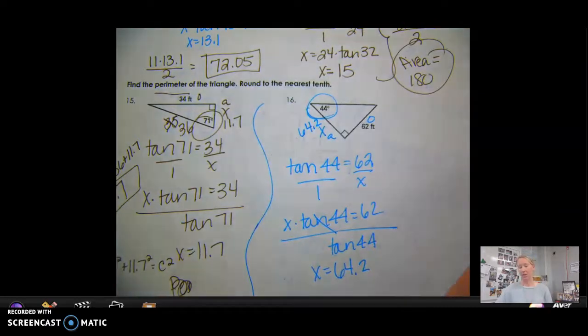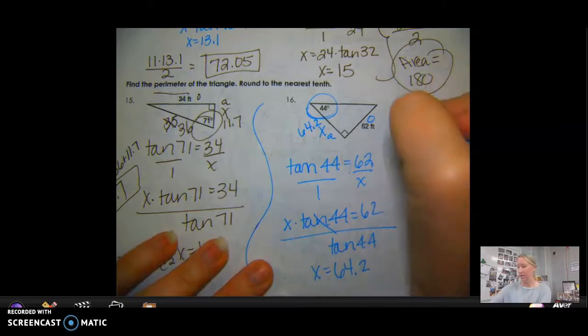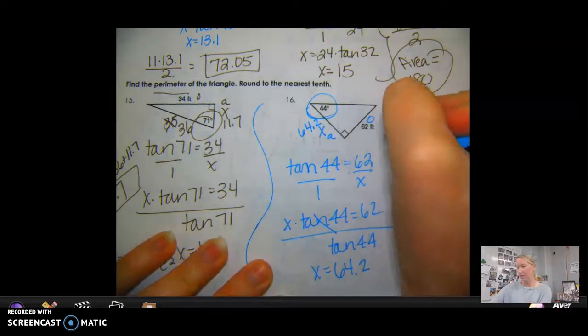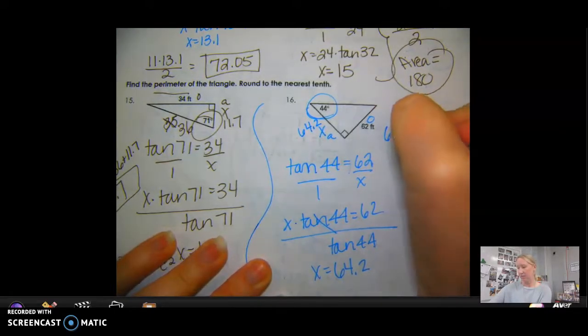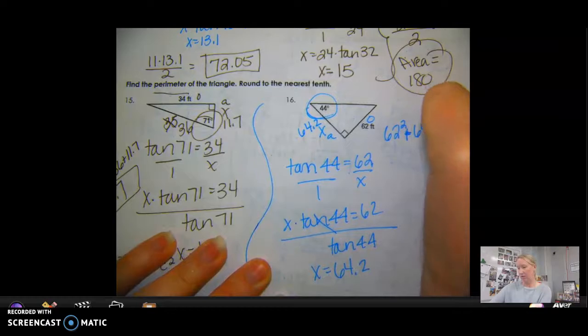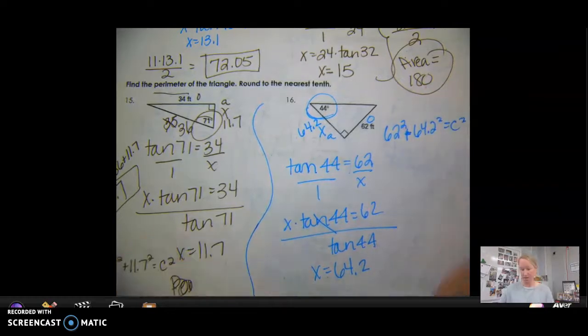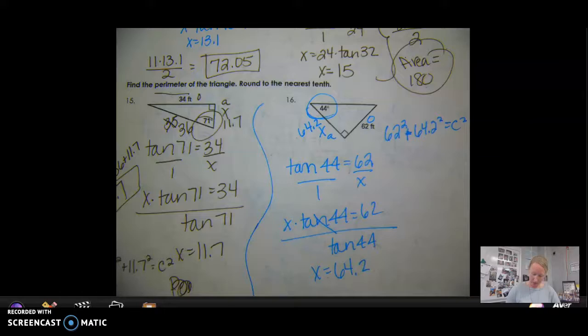But we're finding perimeter again on this one, so I need that third length. So Pythagorean Theorem again. a squared, which is 62 squared, plus b squared, 64.2 squared, equals c squared. So 62 squared plus 64.2 squared.